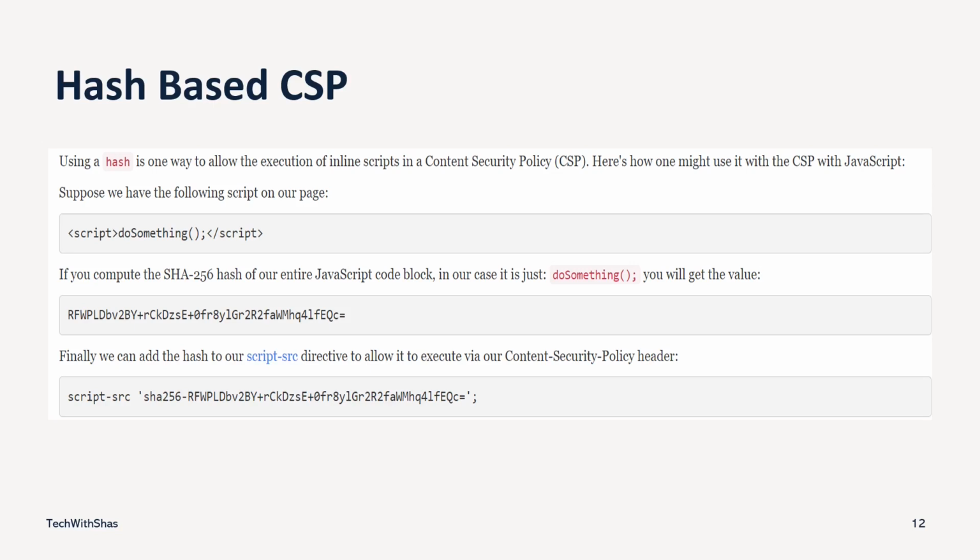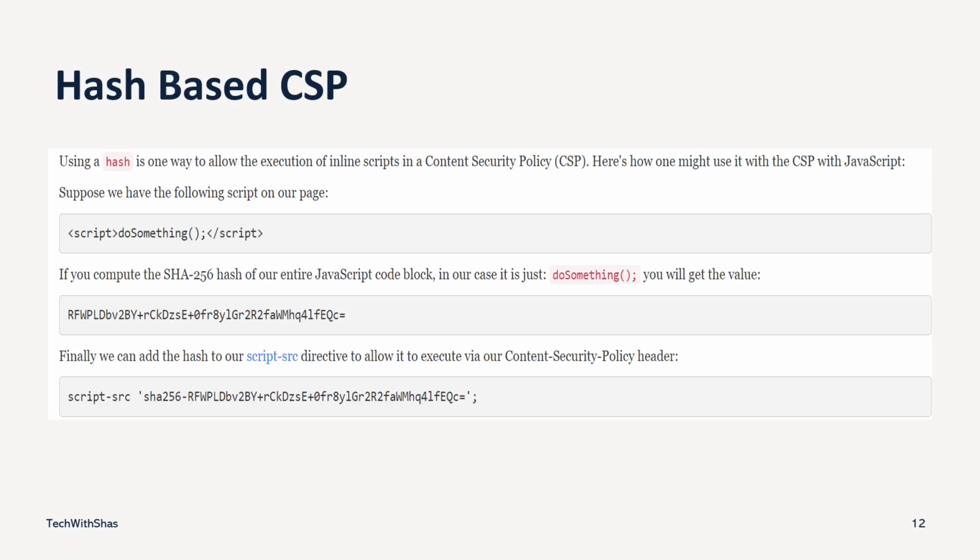In this, we generate the hash of the function using the SHA-256 algorithm. Once we get this hash, we put it in the security policy, and in our application, wherever we have that JavaScript, we attach it after one white space.